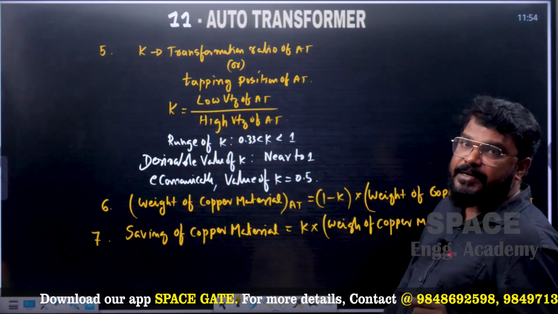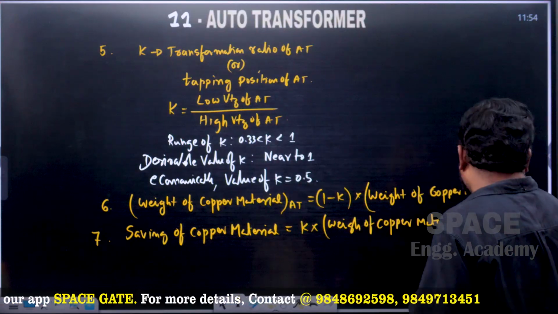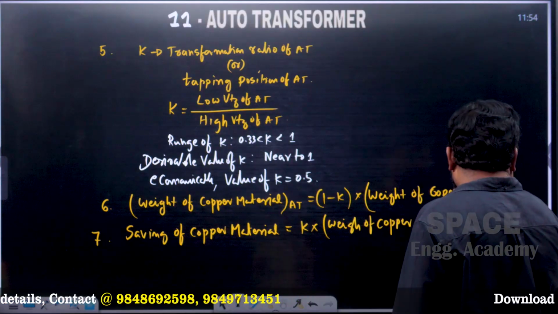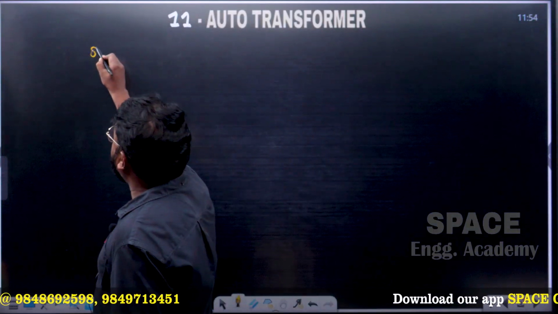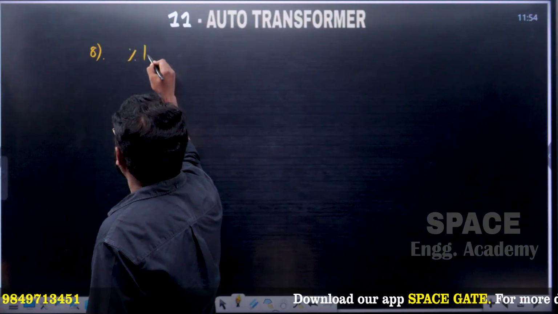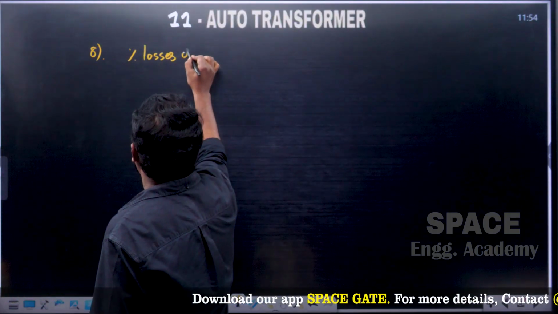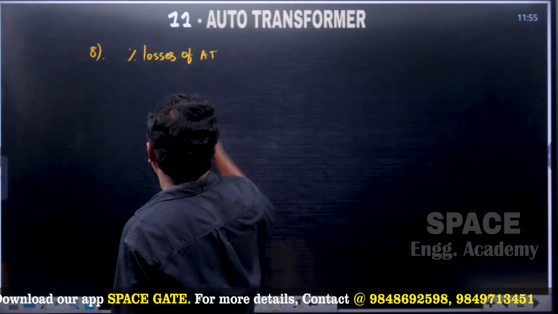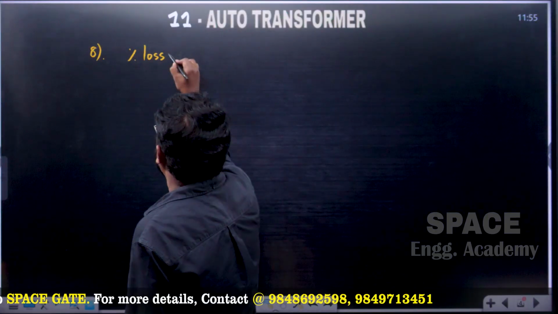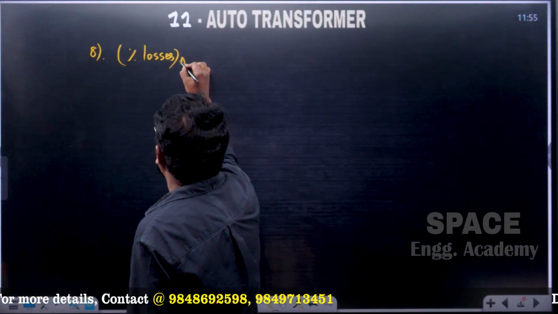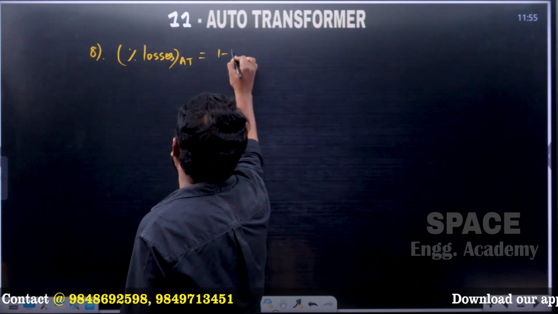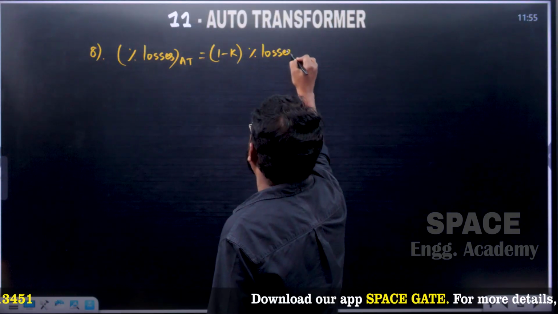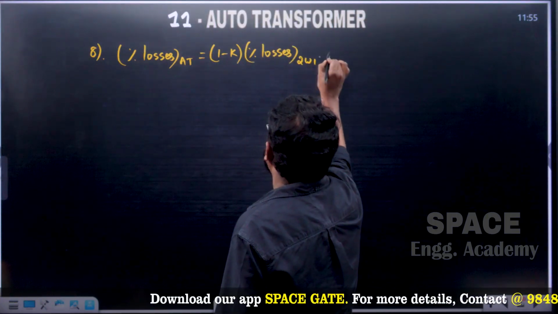And next one, percentage losses of the auto transformers. Sometimes we have a question, and this is the eighth observation here. The percentage losses in auto transformer is equal to 1 minus k times the percentage losses in the two winding transformers.